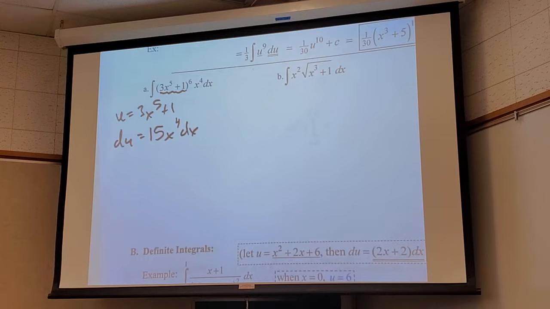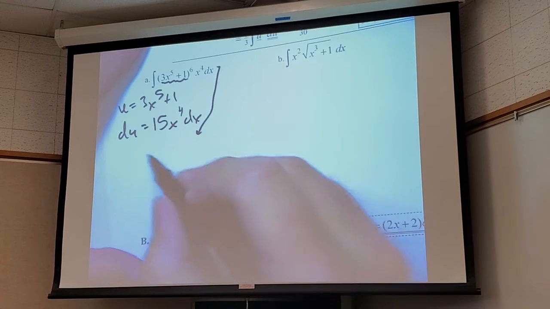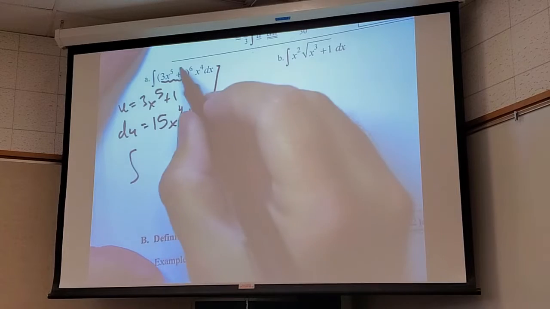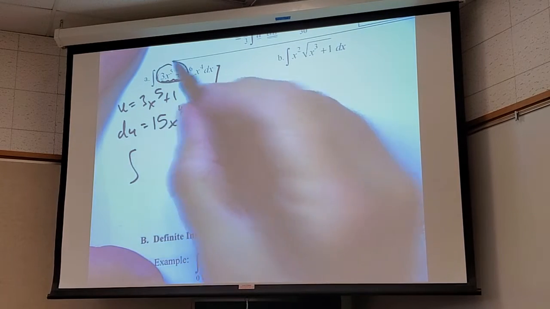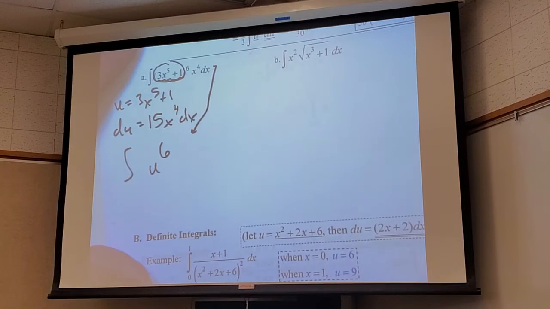I got that covered. So far, how would I rewrite this integral? What would I put to the 6th power? What did we say this is? u to the 6th, I like it. Do I have what I need for du though? What does du say it needs? 15x to the 4th.